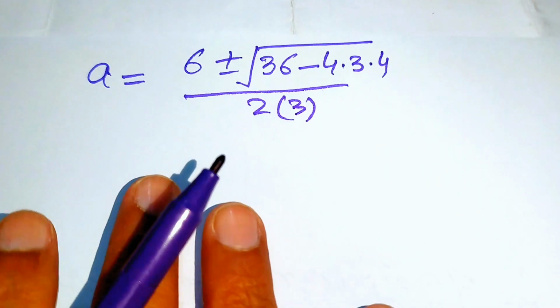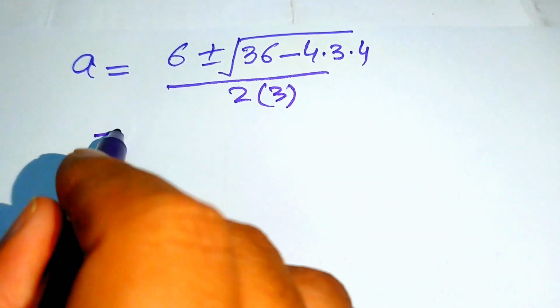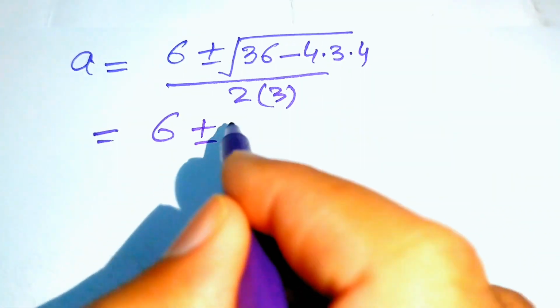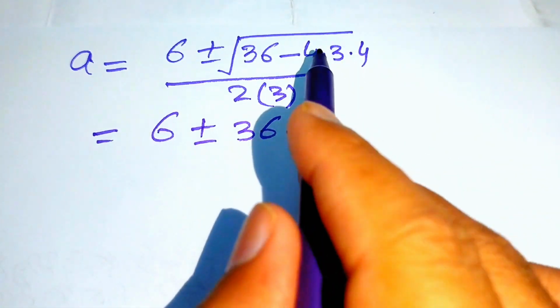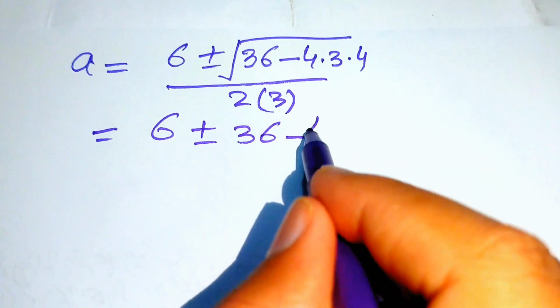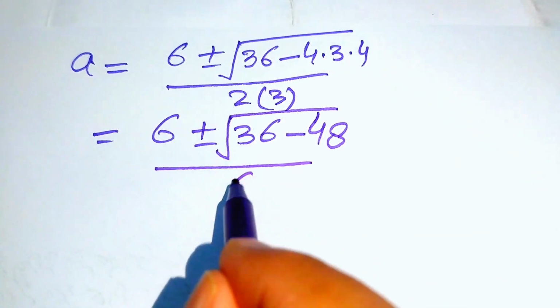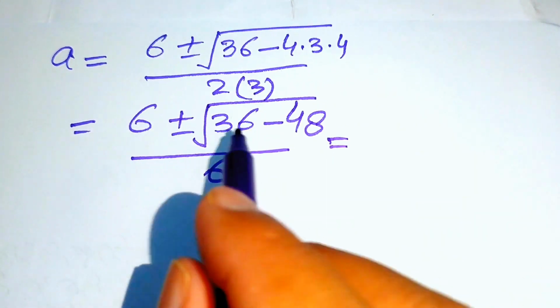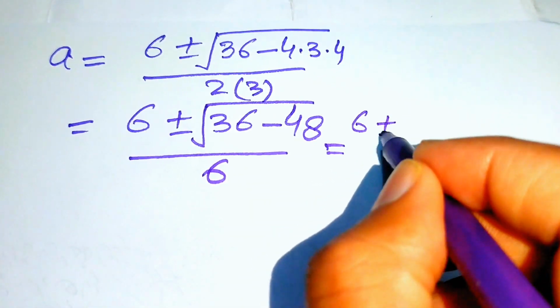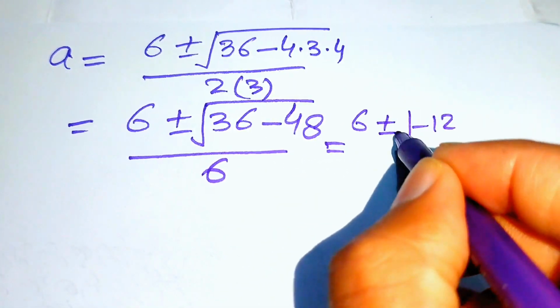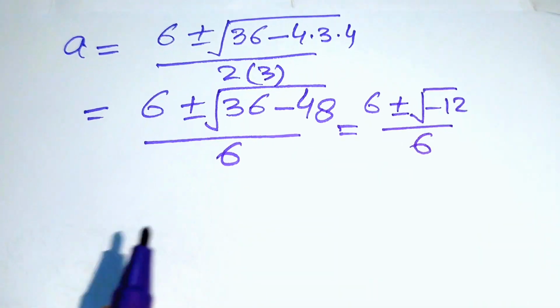Now we simplify, and we get 6 plus or minus the square root of 36 minus 48, divided by 6. Simplifying further, we get 6 plus or minus the square root of minus 12, divided by 6.